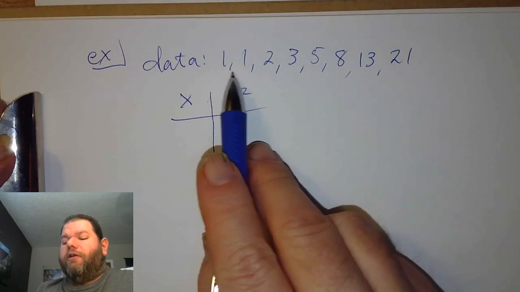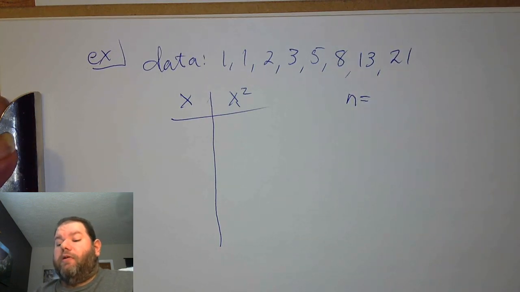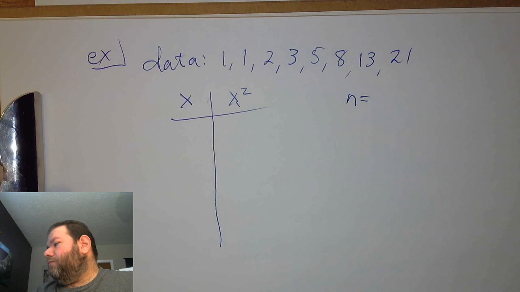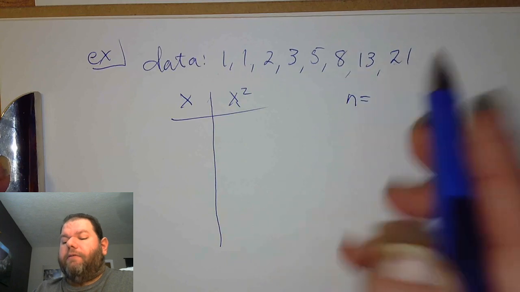What's our n here? What is n equal to? Eight. Good. Yes: 1, 2, 3, 4, 5, 6, 7, 8.